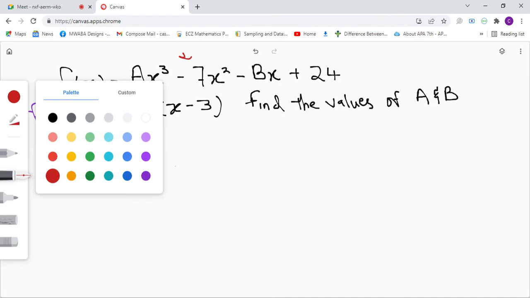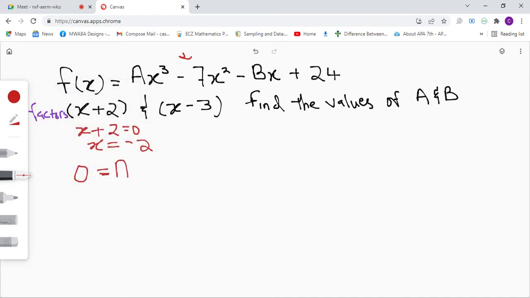So we have a times negative 2 cubed, minus 7 times negative 2 squared, minus b times negative 2, plus 24.